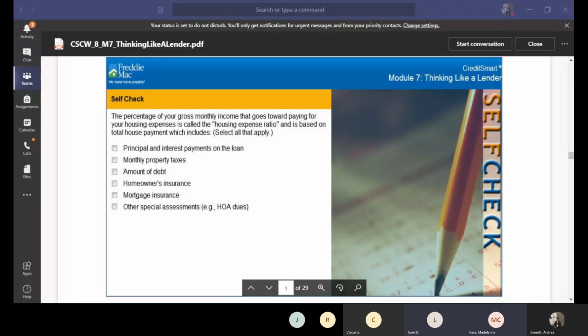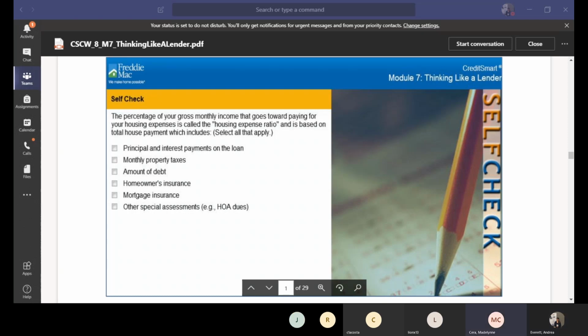What do you think, Robert? Do you think it includes monthly property taxes? Yes. Good. Amount of debt? What do you think, Dominic? Anybody else?